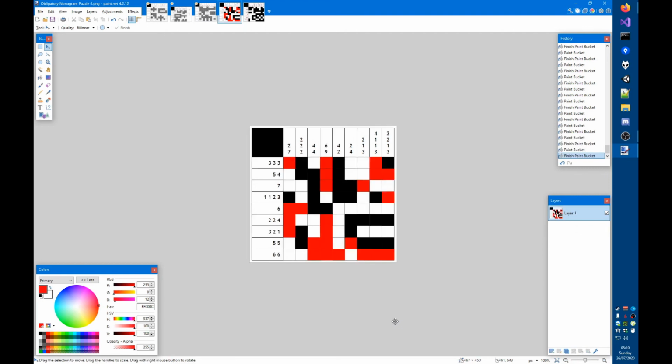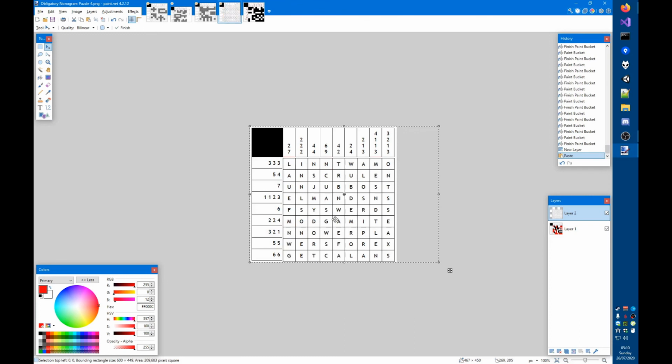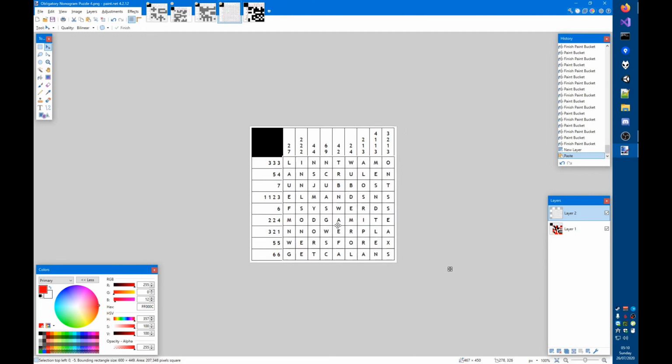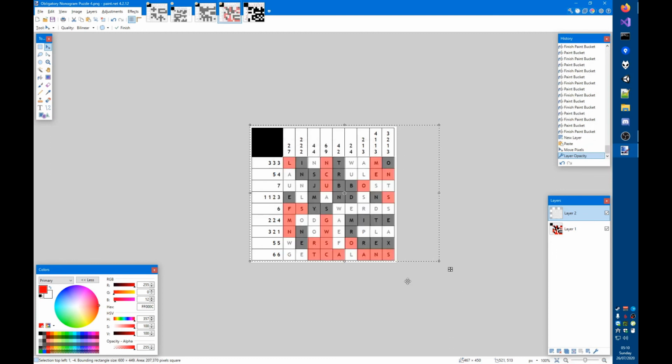Just for completeness, I'm going to continue with the remaining nonograms, but I strongly suspect that the experience is just going to be the same. Let's see. I'm thinking the whole time, what would I do if I was the author of these puzzles?